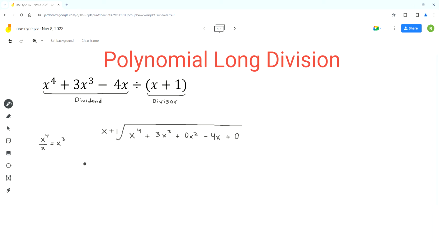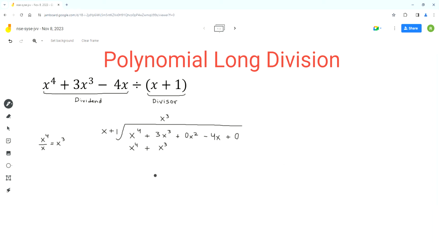That means the first term in the quotient is x cubed, and we write that on the top. We multiply the divisor by x cubed. So x cubed times x is x to the power 4, and we write it under the x to the power 4. Then x cubed times 1 is x cubed, and we write it under the x cubed term.